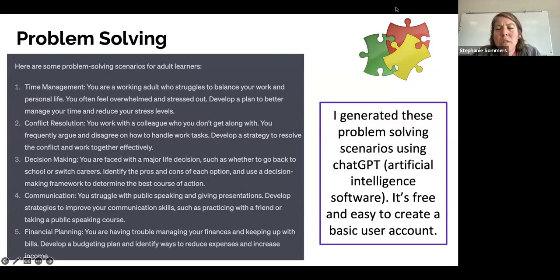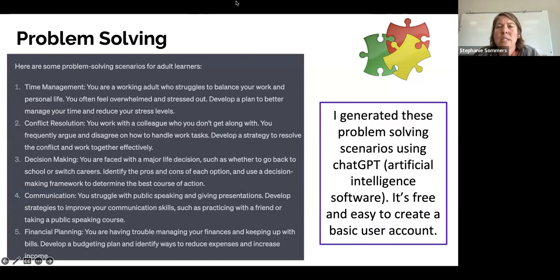And I bet you didn't know ChatGPT can be used to create worksheets and materials for you to use in your classroom. So I will admit these are not the end all be all best problem-solving scenarios of all time. However, I could have made these better if I had spent more time focusing the question I was asking.